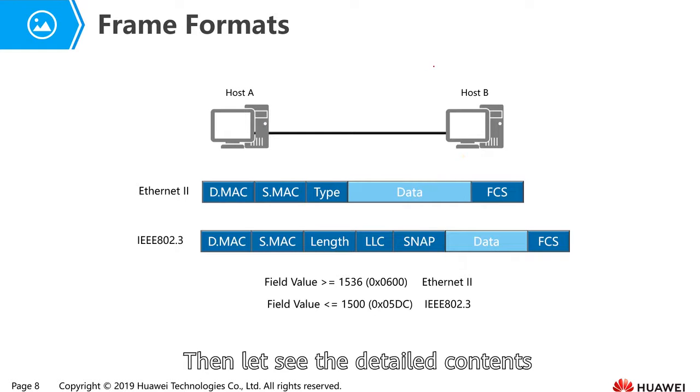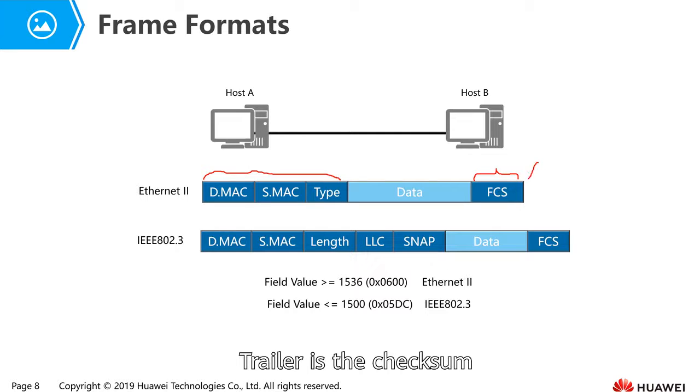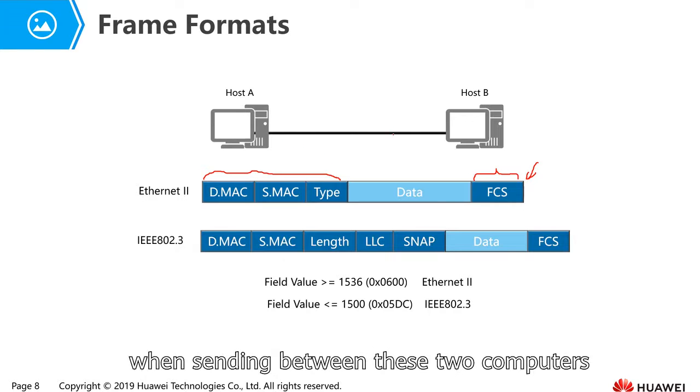And then we see the detailed contents. In the previous slide, this is a frame, this is a header, and this is the trailer. The trailer is the checksum, the frame checksum, used to verify if this frame is correct when sent between these two computers.